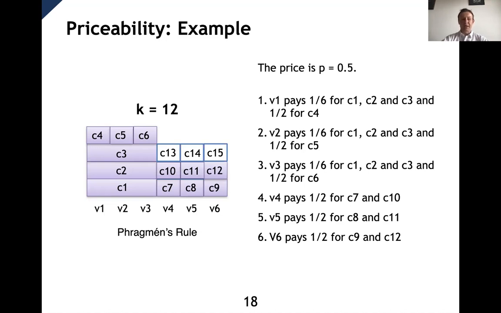Similarly, voter V2 can pay 1/6 of a dollar for C1, C2, and C3, and half of a dollar for C5, and so on and so forth. And we can see that indeed each of the voters will spend at most, actually here, exactly $1, and each elected candidate will get a total payment of half of a dollar.